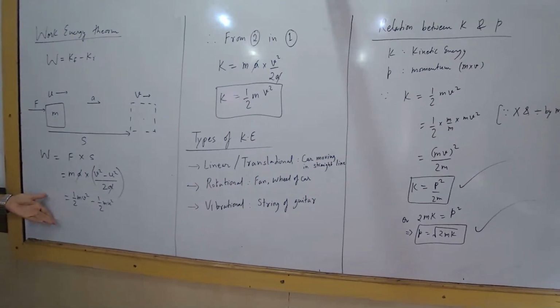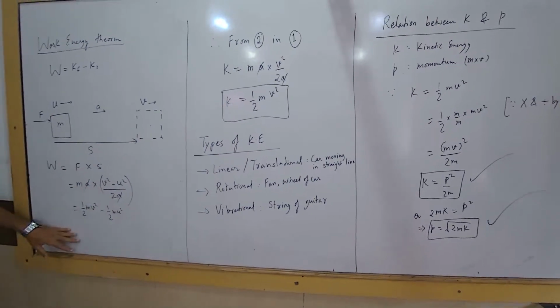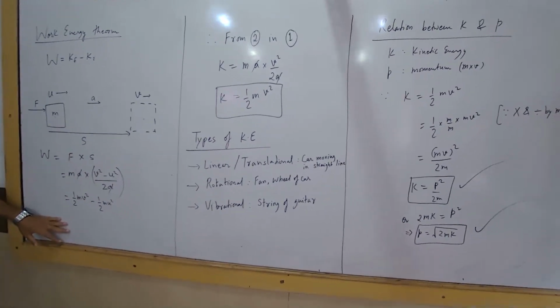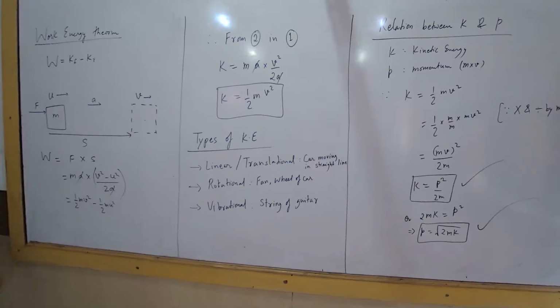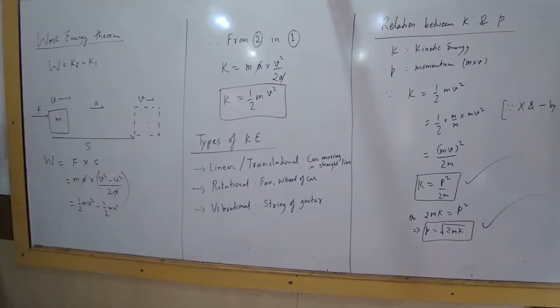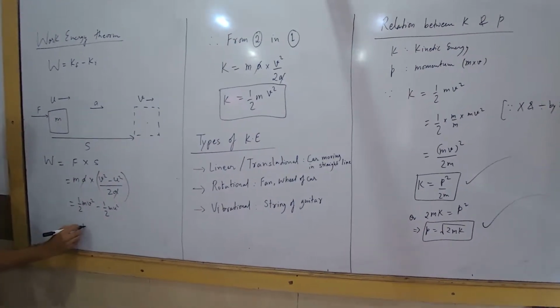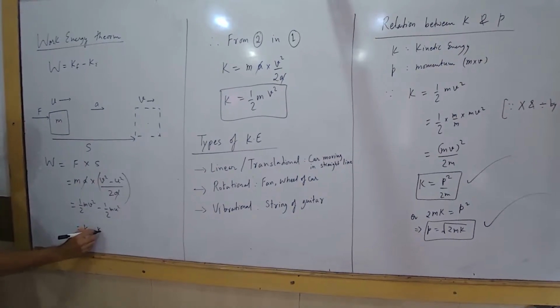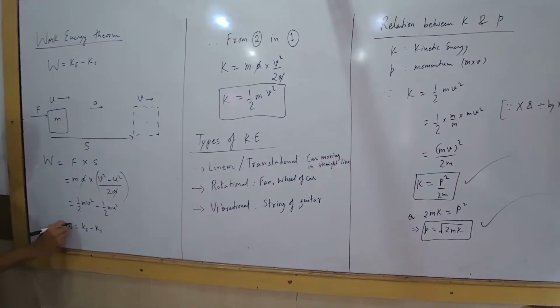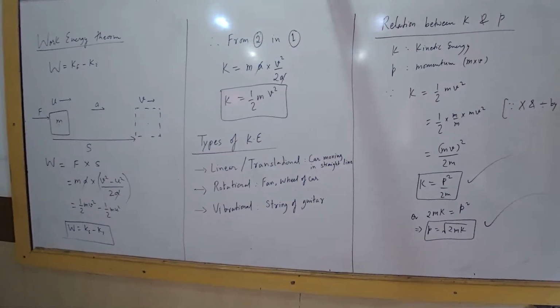You just split the denominator and multiply. This is the final kinetic energy, and this is the initial kinetic energy. It should be v square minus u square, right?